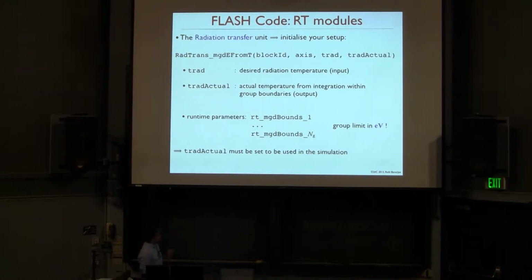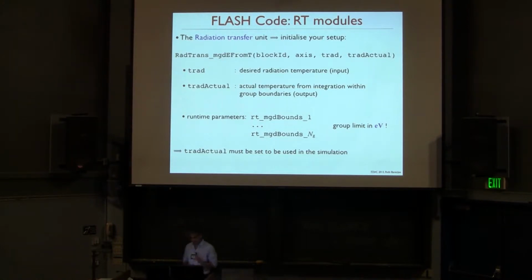So given these bounds, the frequency bounds or the group bounds, these are runtime parameters for the multi-group diffusion module. And you have to be aware, strangely enough, you have to give these numbers not in Kelvin, which is usually the outcome for temperatures, or in frequency, you have to give them in electron volt.